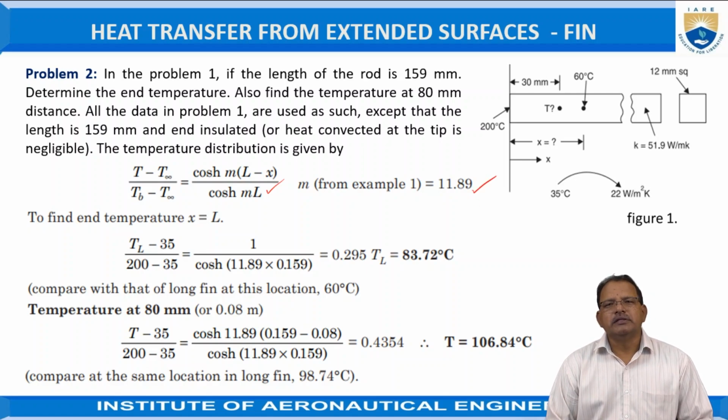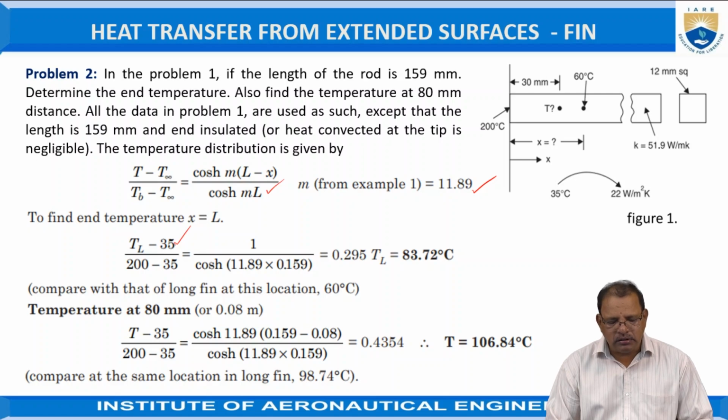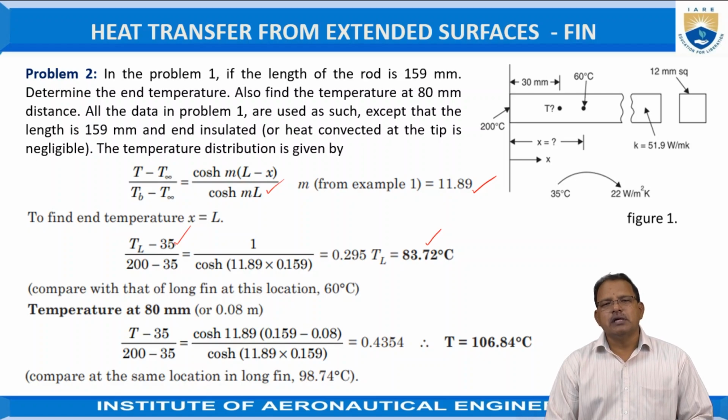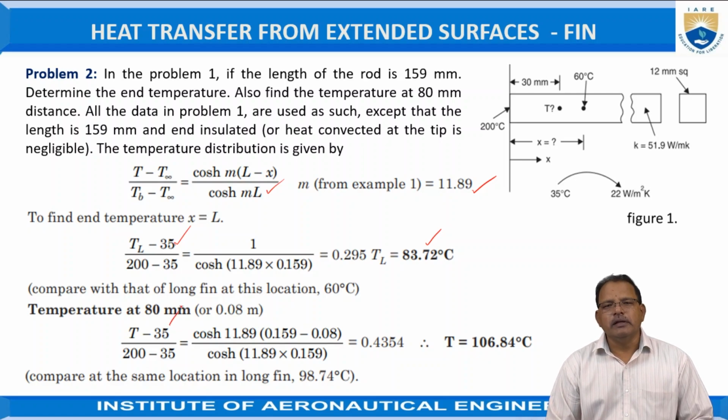To find the temperature at a distance of x equal to L, we get (TL minus 35) divided by (200 minus 35) equal to 1 divided by cosh of 11.89 into 0.159. From this relationship we get 0.295, and TL is equal to 83.272 degrees centigrade.